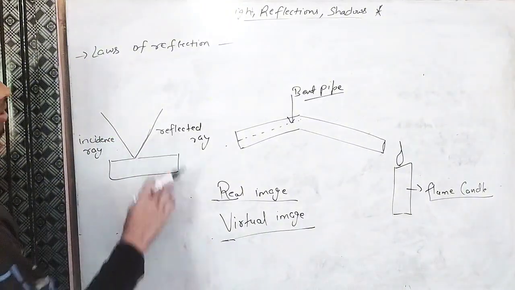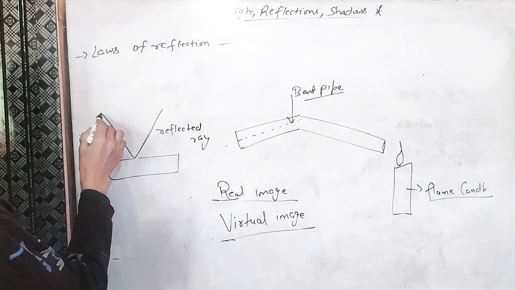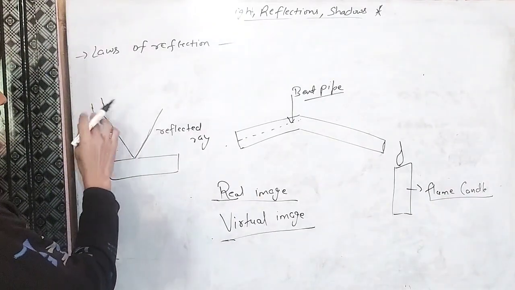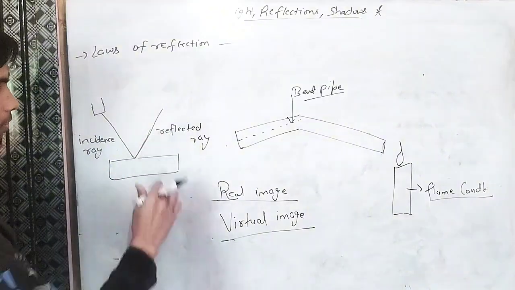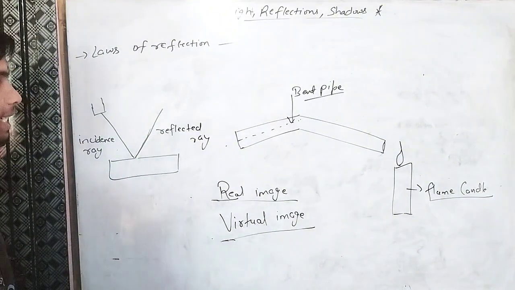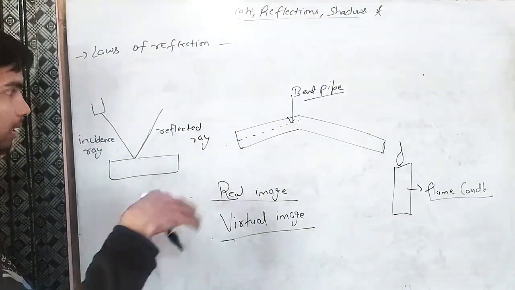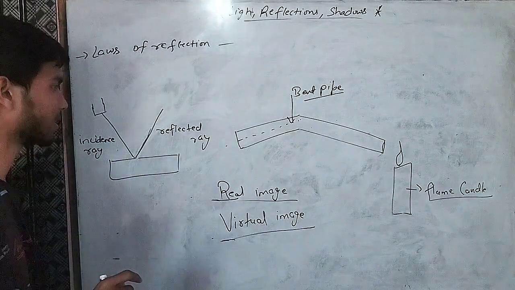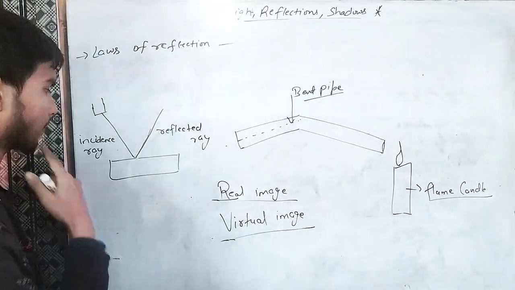The ray is coming from the light source, and when light turns, when light gets reflected, those rays are named reflected rays.